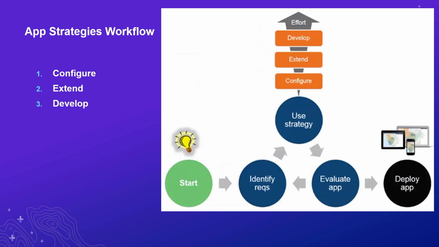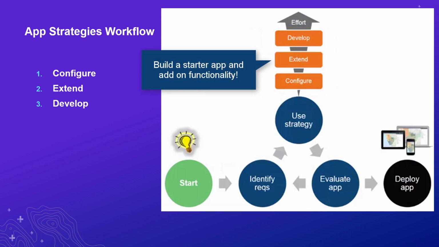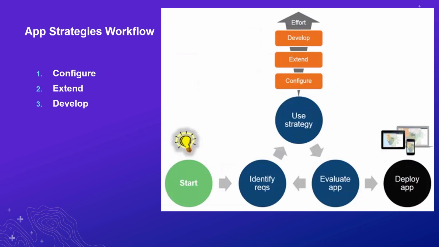If the updated requirements can be met by changing the configurable app, great. Otherwise, it may be time to move on to the next strategy, extend. And the idea here is to use one of Esri's app builders to quickly produce a starter app, and then extend that app using APIs and widgets until the app is either acceptable for production, or it's clear that the extend strategy isn't going to work.